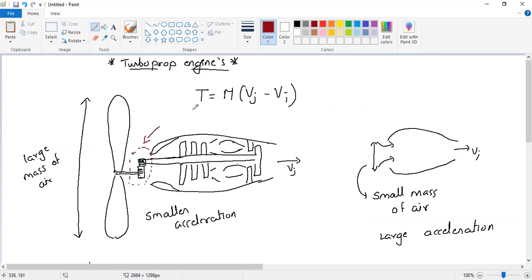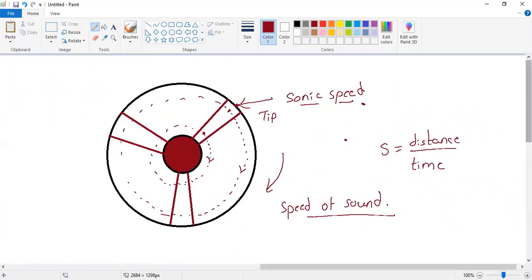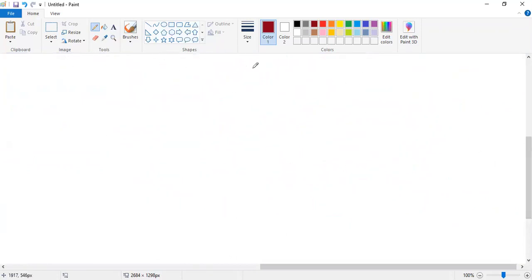This is called a reduction gear. Please understand, the name itself suggests reduction gear means reducing the RPM. What is the function of reduction gear? It reduces the RPM.